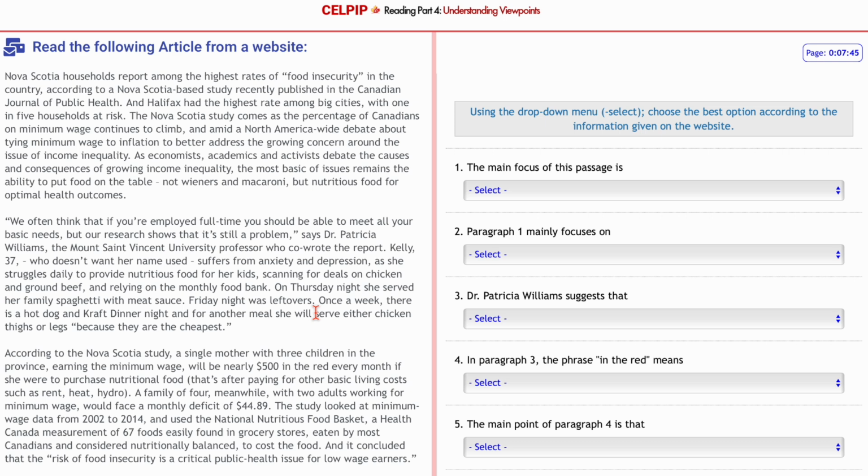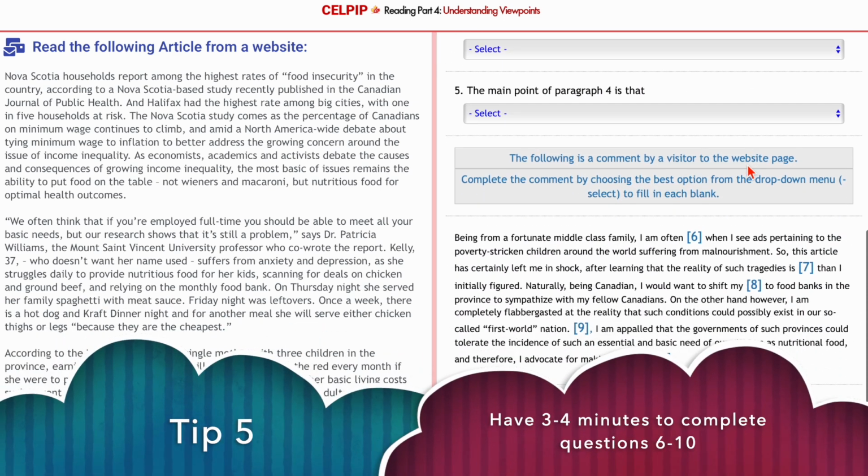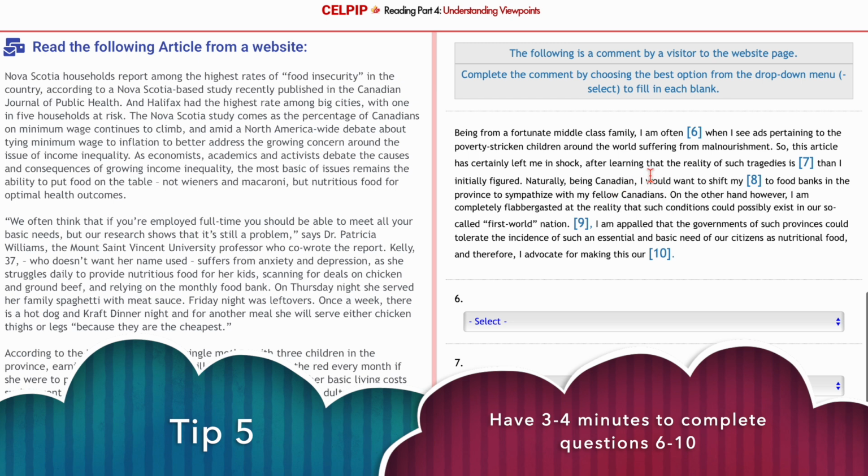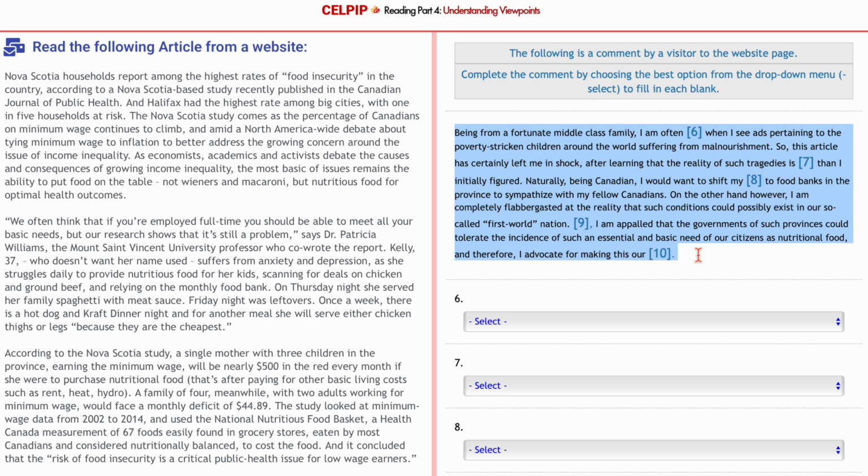And then the last part that I think is important is about time. We should give ourselves at least 3 or 4 minutes to complete the last part. It's very important. Okay? I would say 4 minutes would be good because sometimes this paragraph here, which is complete the text, can be very confusing.